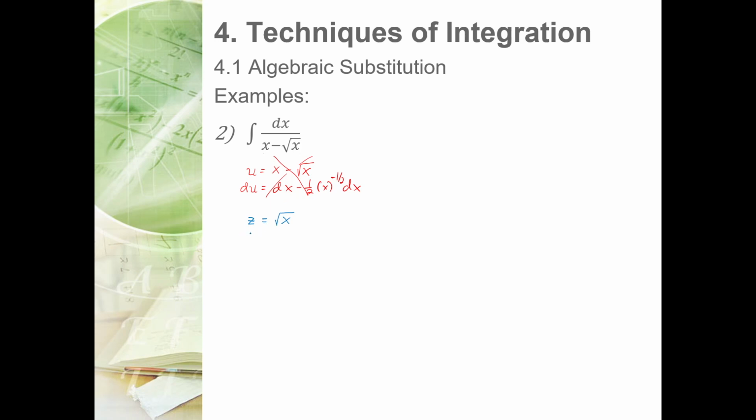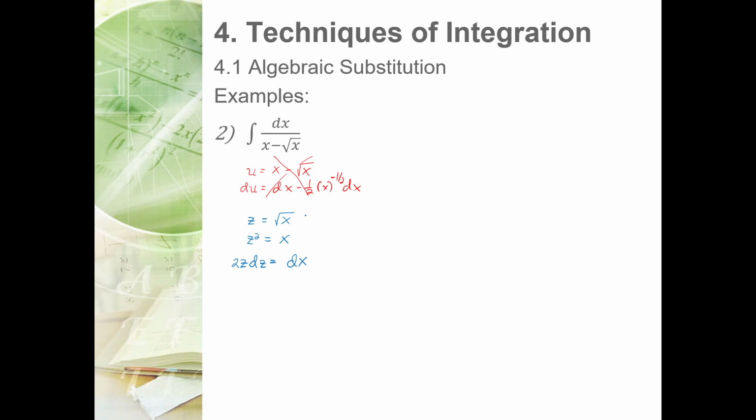So getting rid of the radical symbol, squaring both sides, we have z squared is equal to x, and then getting its derivative, we have 2z dz is equal to dx.